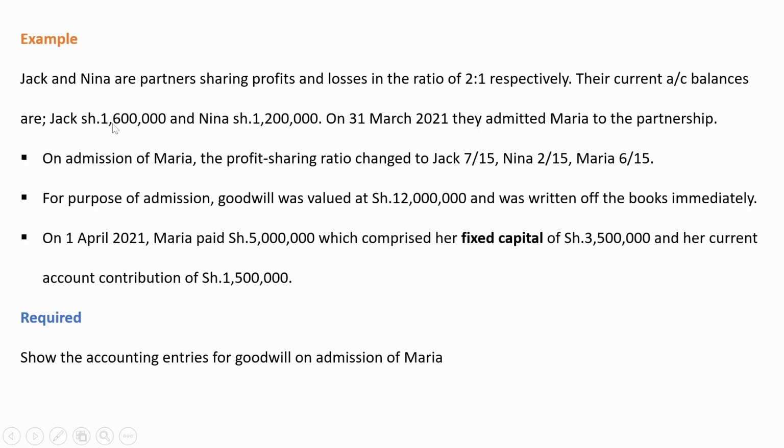They are Jack 1.6 million and Nina 1.2 million. So those will be the opening balances for the first two partners. And then for Maria, if you go to the third point here, she contributed 1.5 for her current account. So the 1.5 million will be considered as her opening balance.